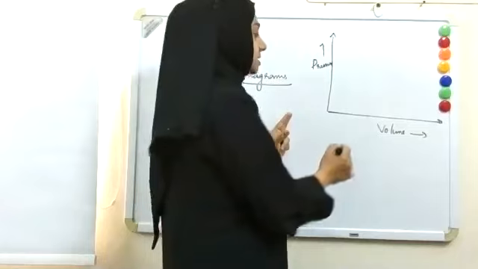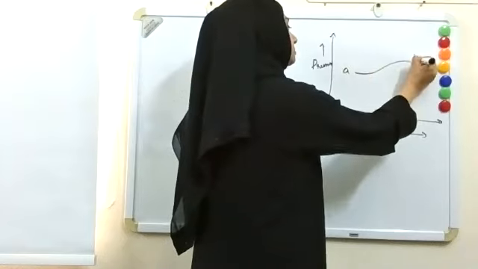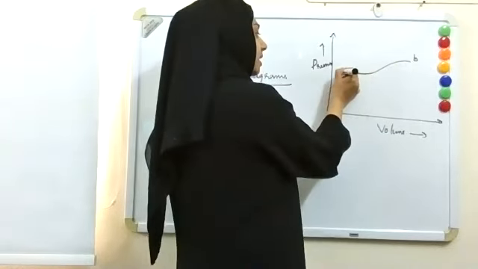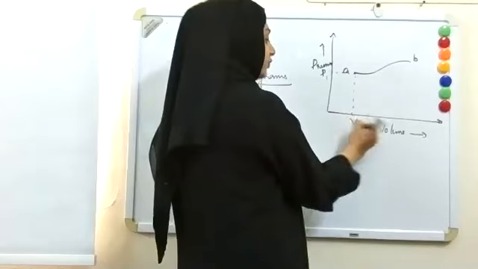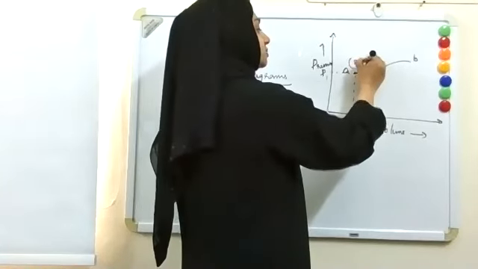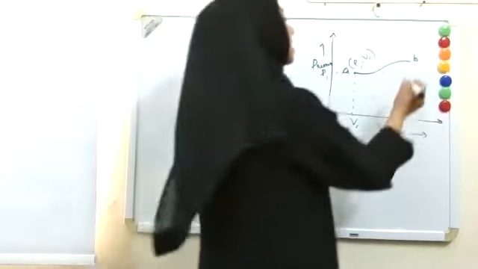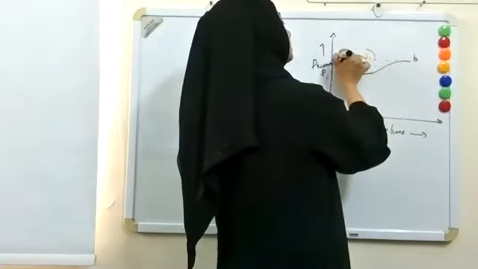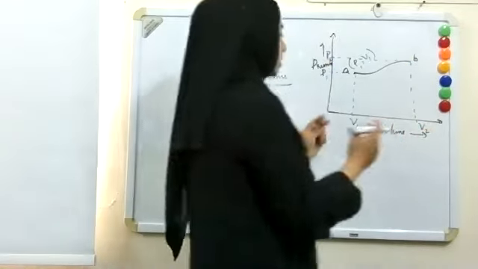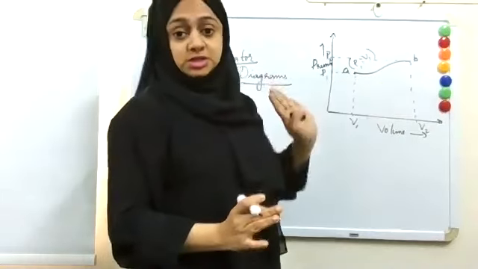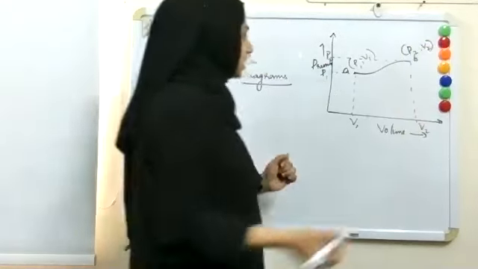And the important property is that if a system goes from a state A to B, which means at one point of time, it had pressure P1 and volume V1 at A, and after some time, it undergoes some process and reaches B, where the pressure is P2 and the volume is V2. This is how we express it.